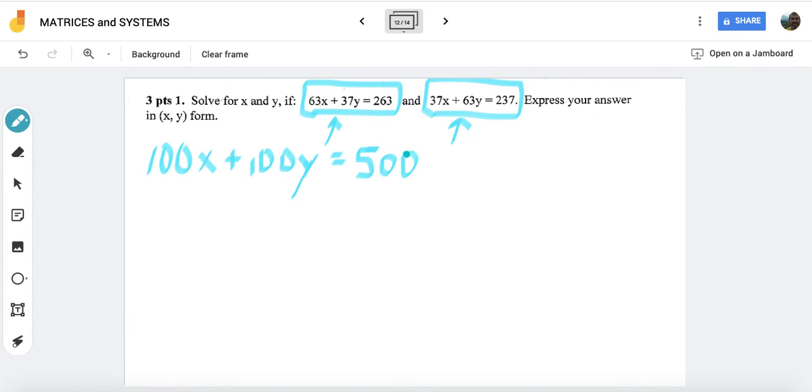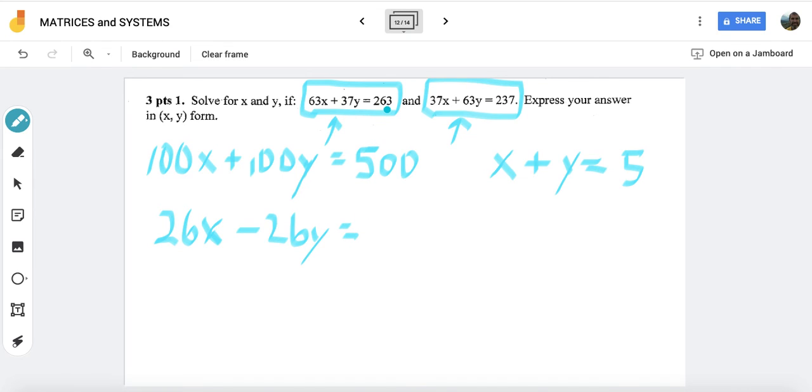And that equation, when you add them together, can be reduced. You could divide everything by 100 and get x plus y equals 5. And then you would subtract the two equations. 63x minus 37x is 26x. Hopefully I'm doing that right. 37y minus the 63y comes out to negative 26y.